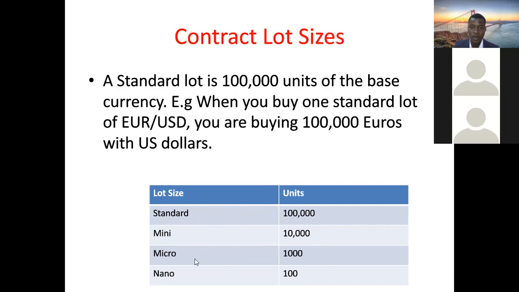When we have a micro account, if you use a 1 lot size, it means you are purchasing 1,000 units or 1,000 contracts. If you are using a nano account, which you can fund with $10 or $5 or whatever dollars, it means you are buying 100 contracts with a 1 lot size.